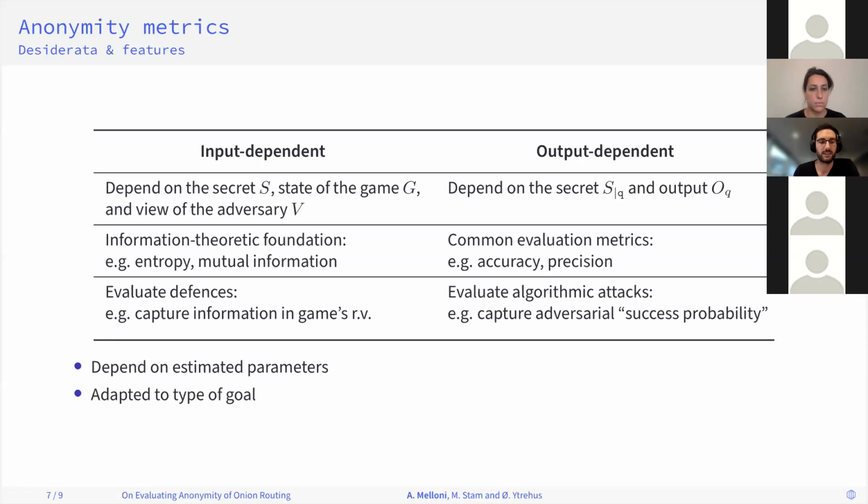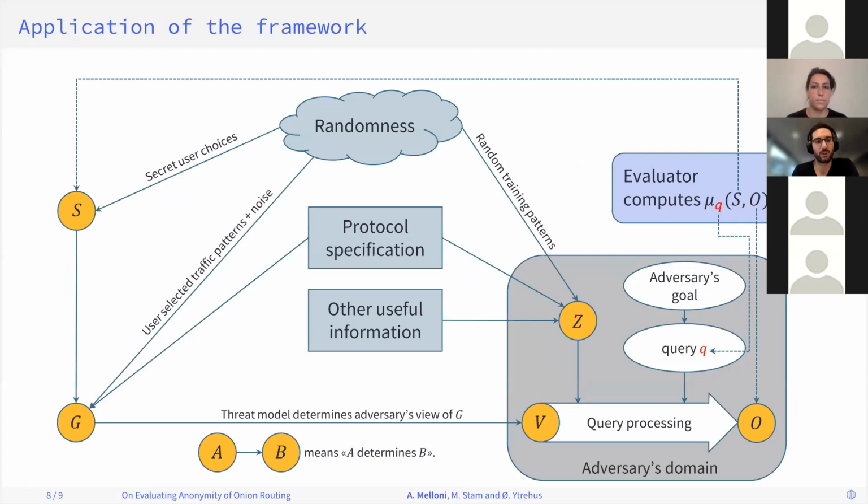They can depend on estimated parameters, but they need to reflect such influence on their value, and they need to be adapted to the type of goal. When it comes to applying our framework, it is of fundamental importance to give a proper definition of the random variables, meaning specifying their support and the probability distribution, so we can use that information instead of relying on sample statistics.